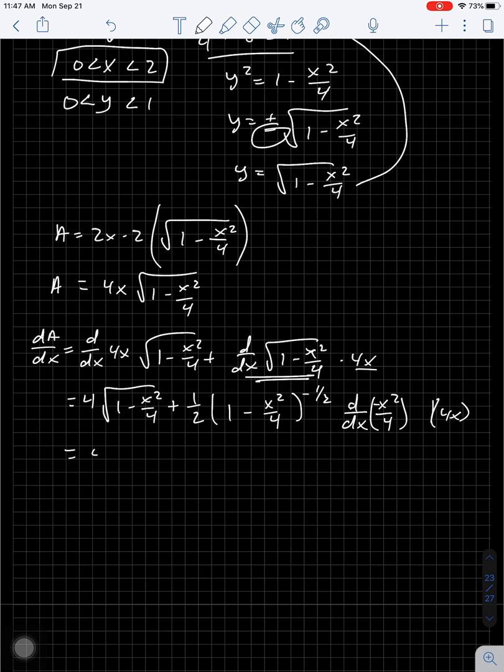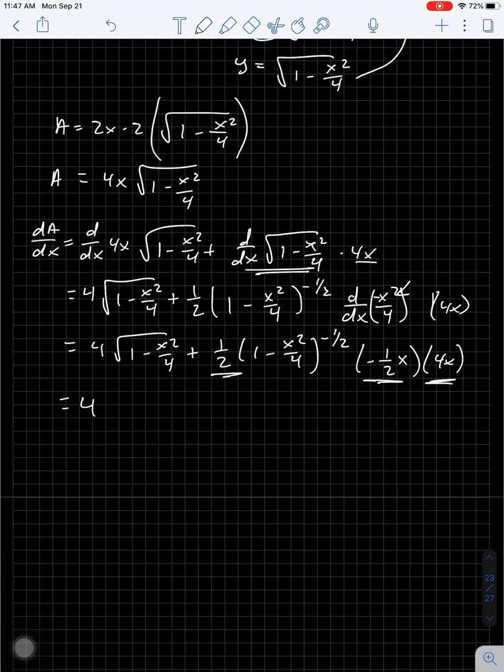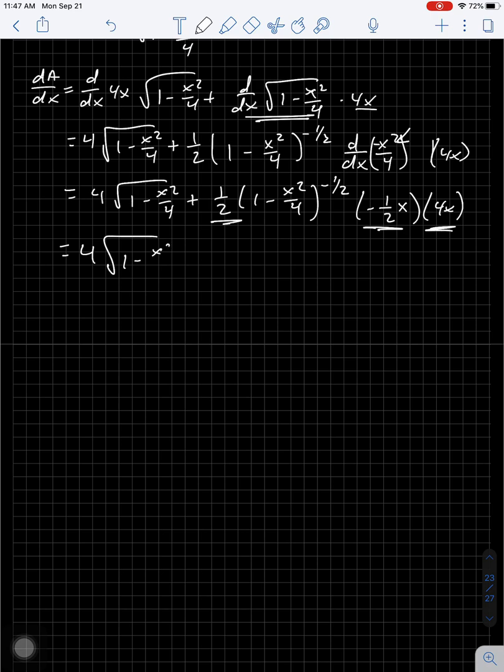All right, so what this ends up being, 4 root 1 minus x squared over 4 plus 1/2 times 1 minus x squared over 4 to the -1/2. And then the derivative of this right here is going to be negative 1/2 x, okay, times 4x. All right, let's clean this up a little. This, and this all multiply together. And I'm left with, oh, that's a minus.